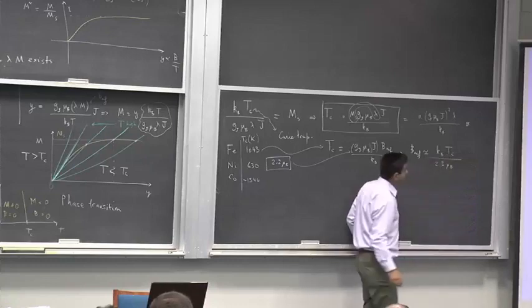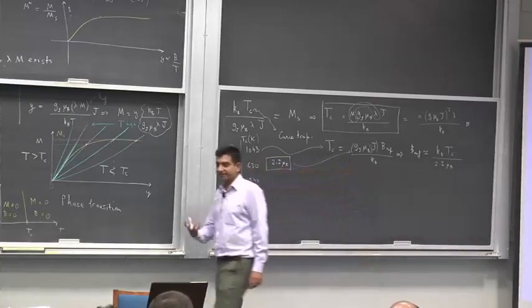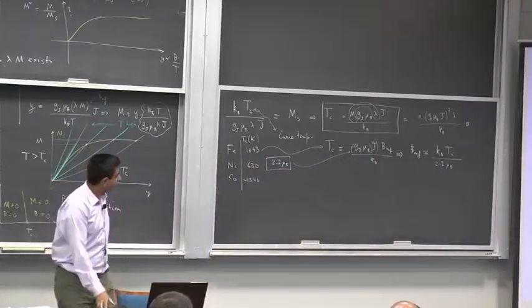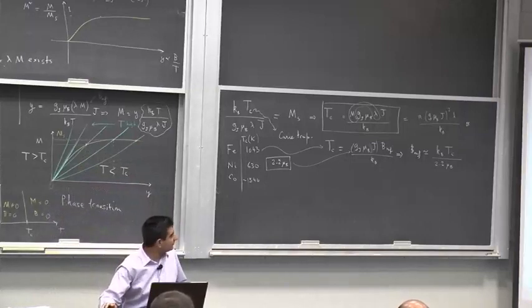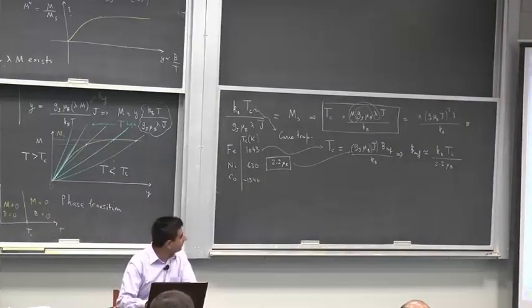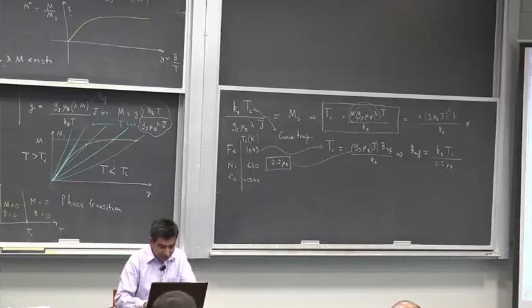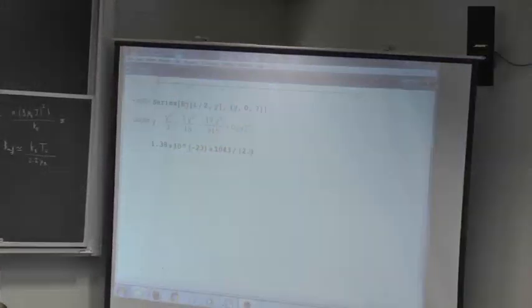Now let's insert these values and see what kind of numerical estimate we get for the internal field. So I have 1.38 into 10 raised to the power minus 23, which is my Boltzmann constant, into Tc 1043, divided by 2.2 into 9.27 into 10 raised to the power minus 24, which is the Bohr magneton.